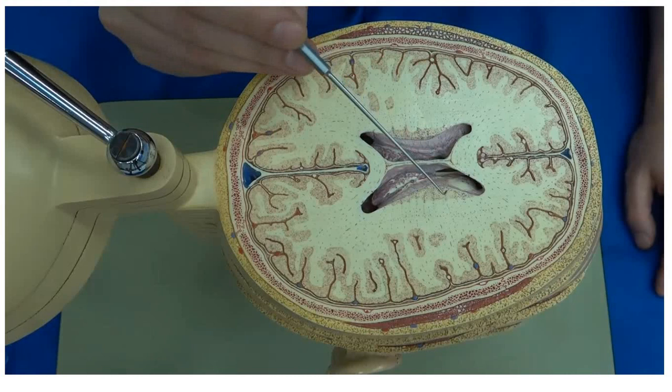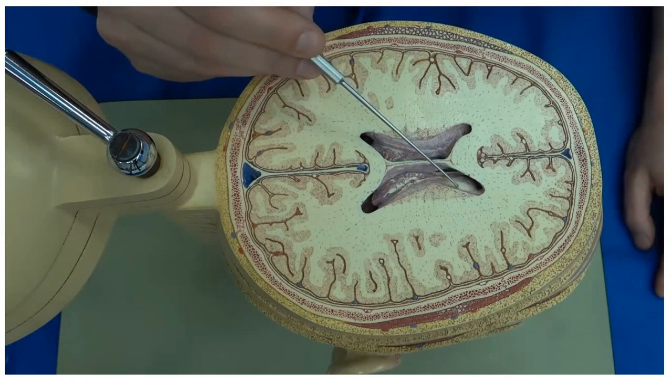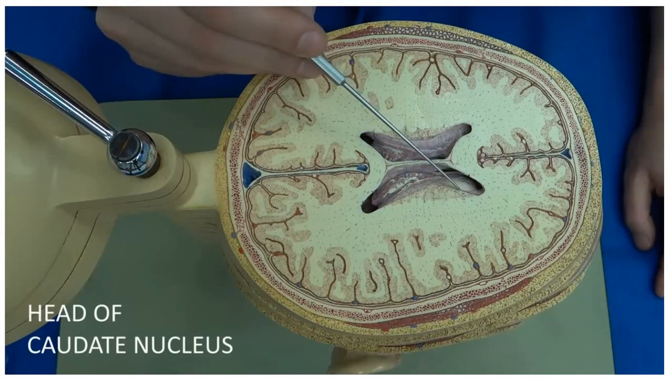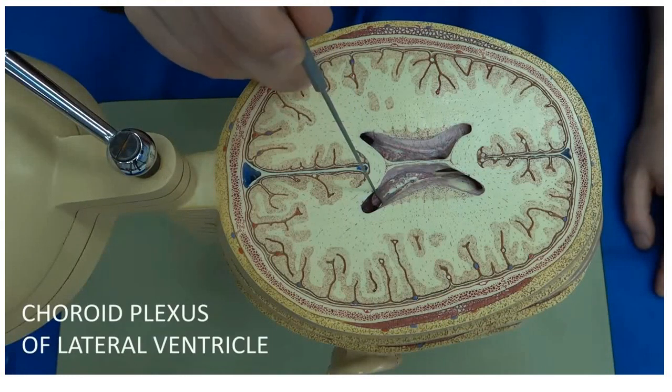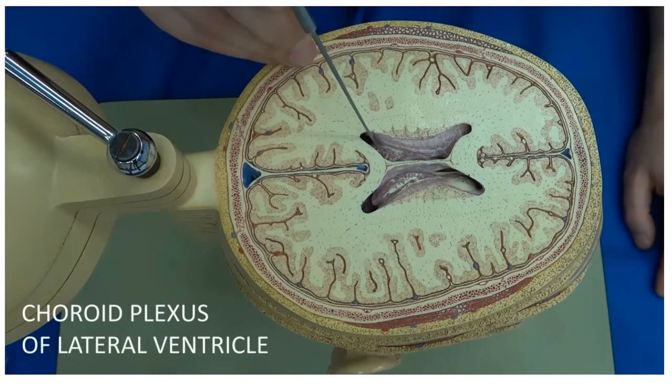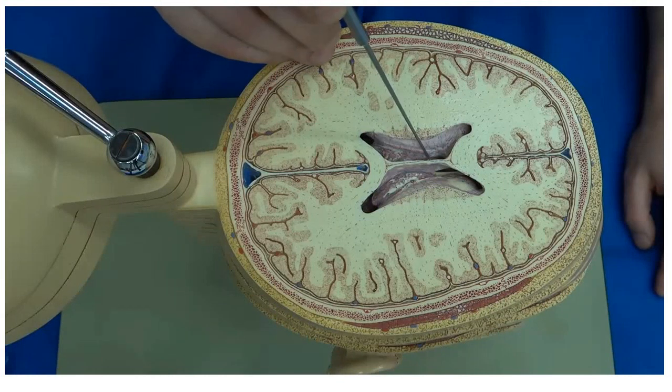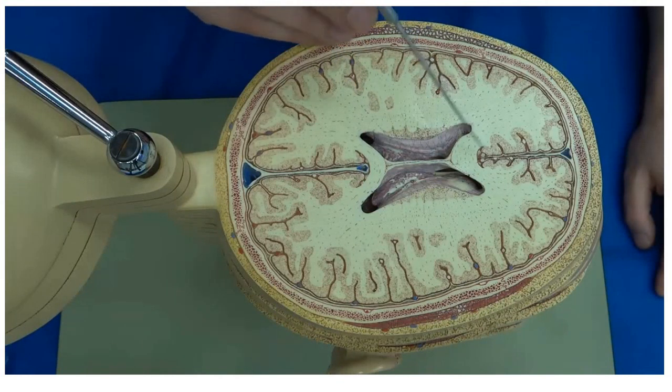We can also observe here the head of the caudate nucleus and the choroid plexus of the lateral ventricles.